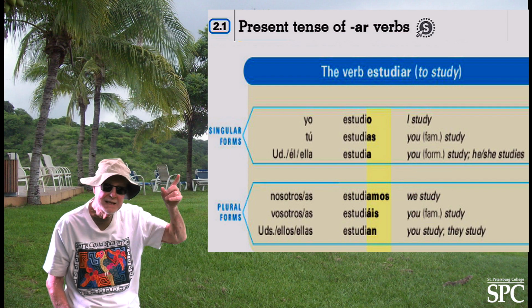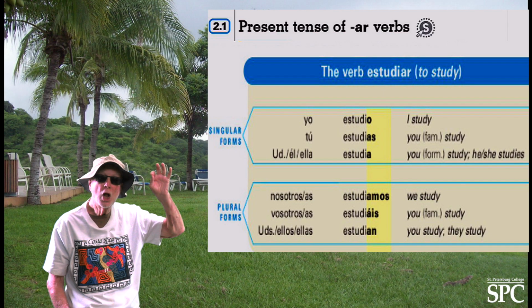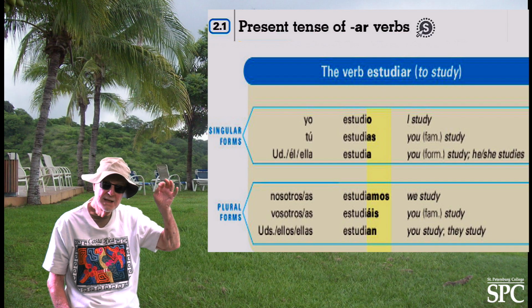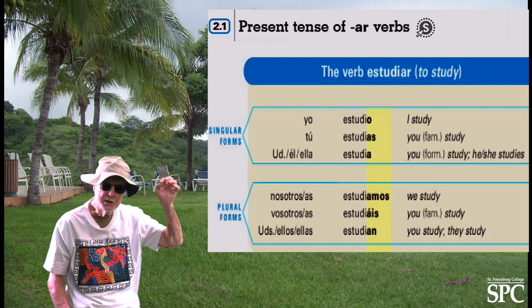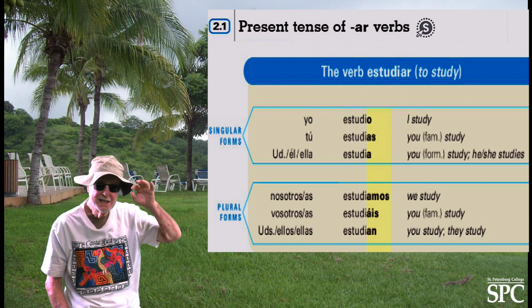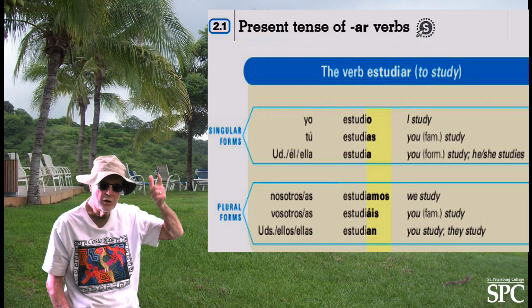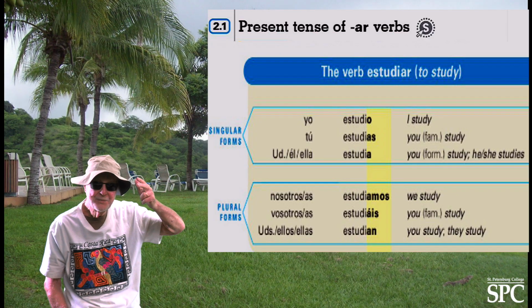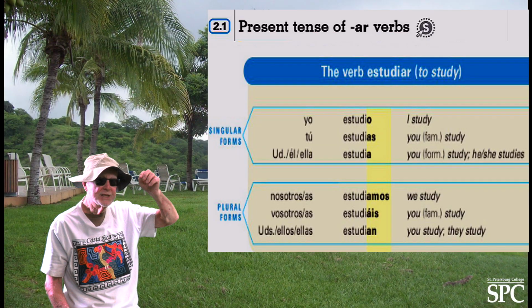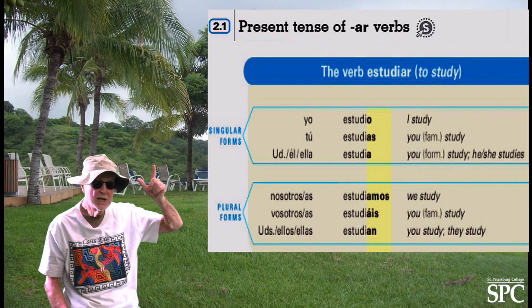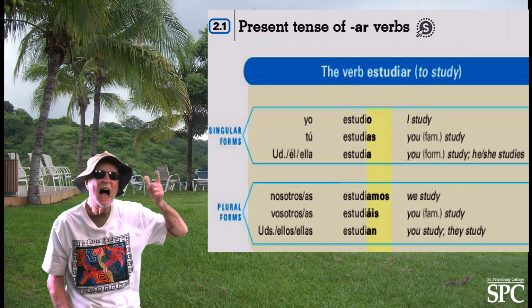That's your template that we're going to use for all AR verbs. So when it's yo, it's o. When it's a tú, it's as. When it's usted or él or ella, it's a. When it's nosotros, it's amos. And when it's ustedes, ellos, ellas, it's an.